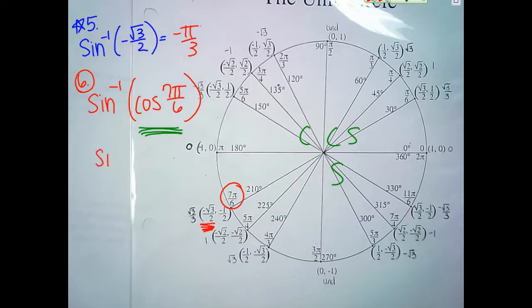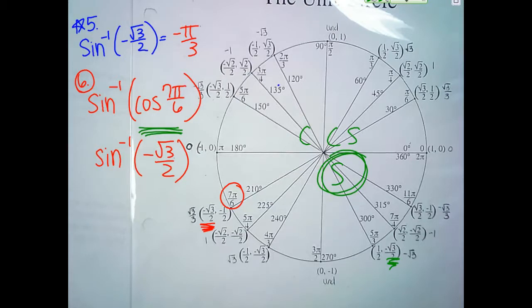This. So now your new problem becomes the inverse of negative root 3 over 2. And you start all over. Now find the answer to that. You'll notice sine is negative. Sine's only negative here. So I'm going to look for a negative sine, which is this.